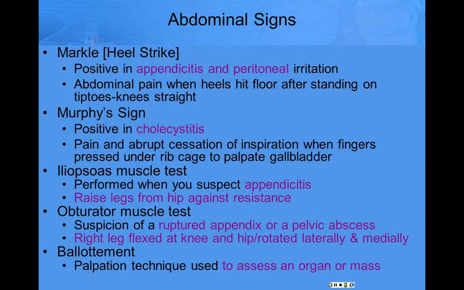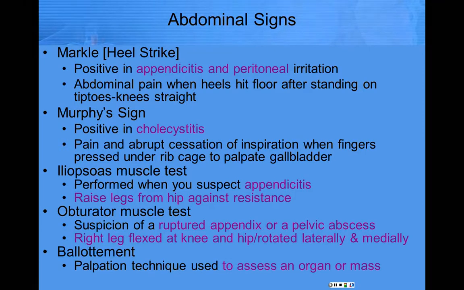The iliopsoas muscle test is performed when you suspect appendicitis. You want to raise the leg from the hip against resistance. The obturator sign, our muscle test, is also used when you suspect appendicitis or a pelvic abscess. The right leg is flexed at the knee and hip and is rotated laterally and medially.